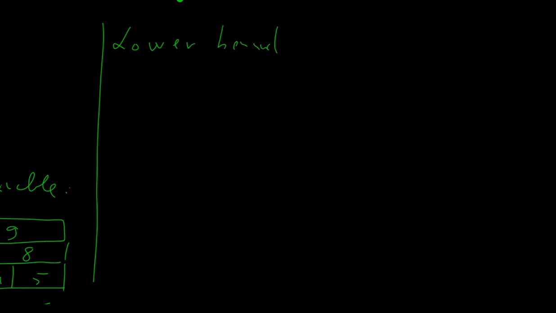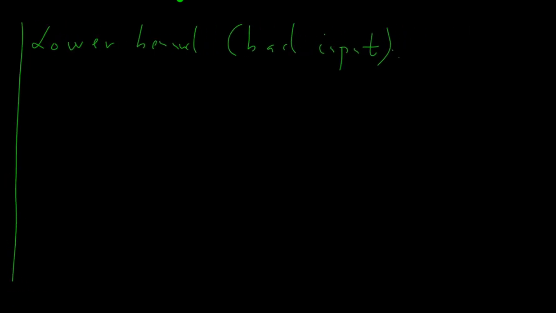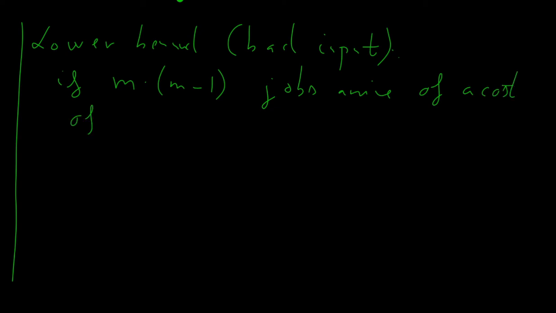So what happens if, say, m times m minus 1 jobs arrive of cost 1 each, and then a job of cost m.